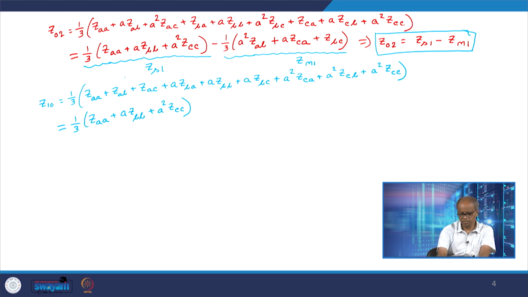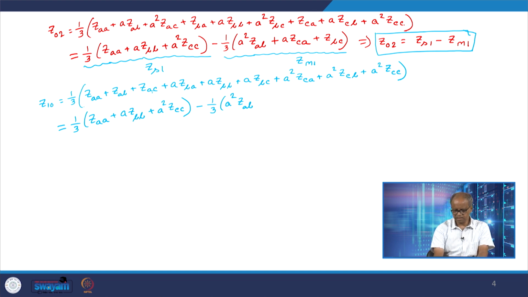So this is nothing but ZS1, and then what I get? I get ZAB and AZAB. So minus A square ZAB. So it is minus 1 by 3 A square ZAB.